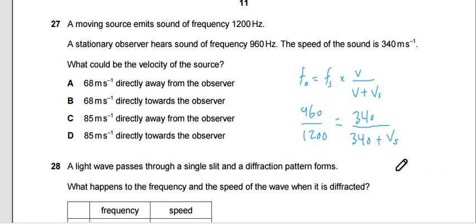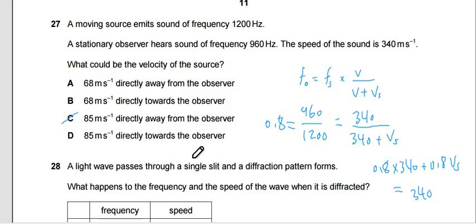The ratio is 0.8. So we have 0.8 times 340 plus 0.8 Vs equals 340. You can rearrange and find Vs. It will be 85. And as we said, it moves away from the observer, not towards the observer.